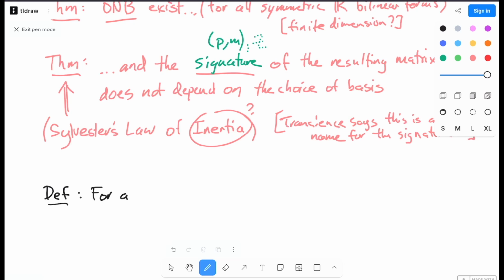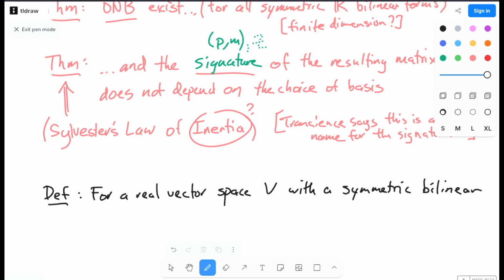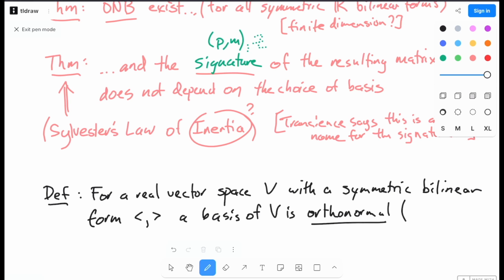So for a real vector space V with a symmetric bilinear form, a basis of V is orthonormal. And if I need to clarify, I'll say it's orthonormal for this form.